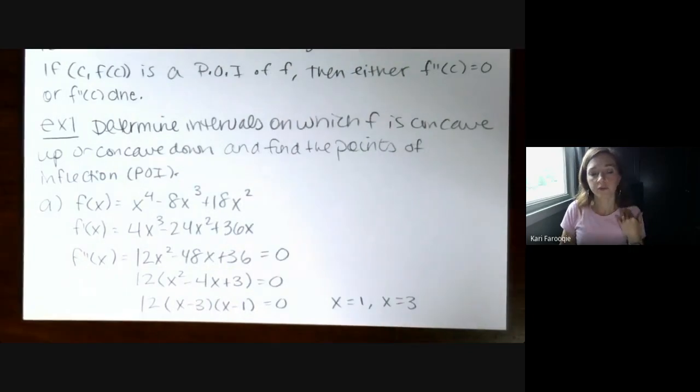Now, we're not actually going to call these points of inflection yet. We need to actually show that the concavity changes on each side of these. So right now, we're just going to consider them possible points of inflection.